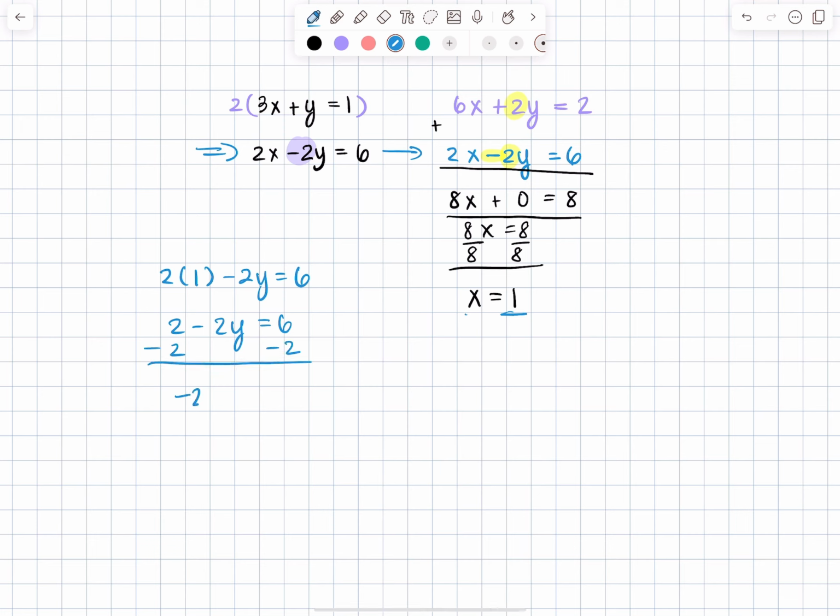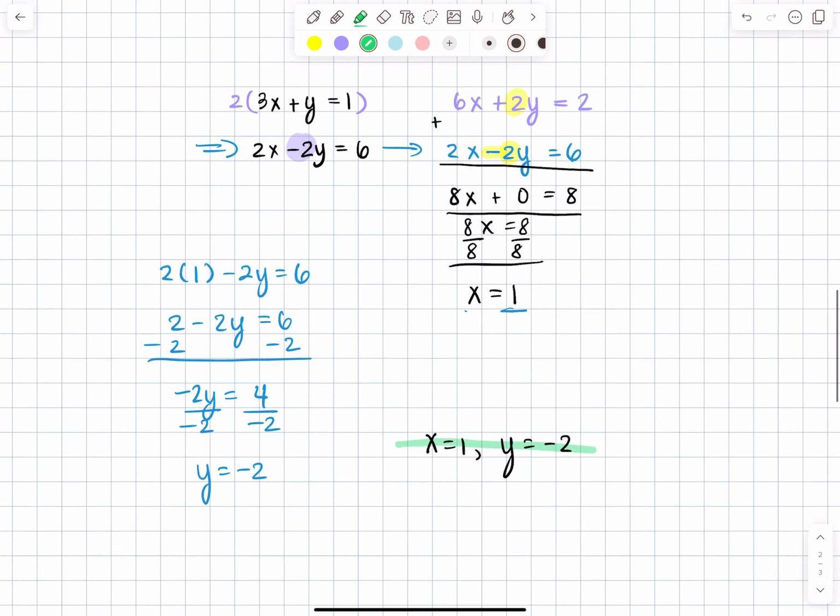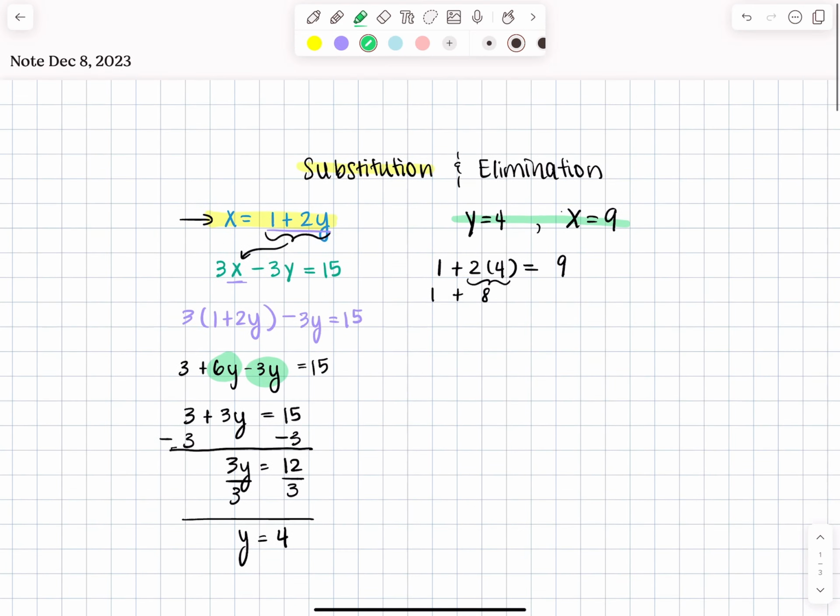We're going to get negative 2y equals 4. Divide negative 2 on both sides, and then y equals negative 2. So our final answer would be x equals 1, y equals negative 2. And that's elimination and substitution.